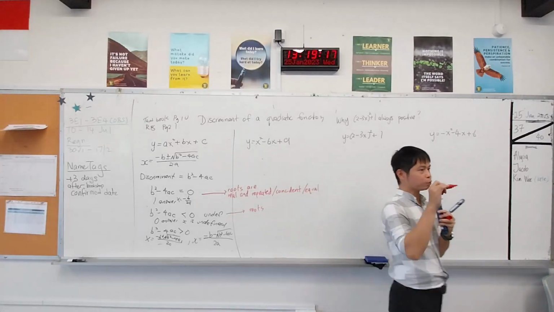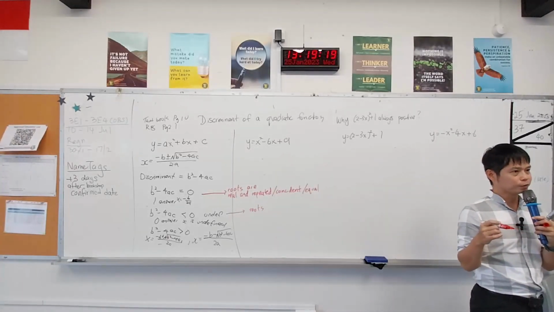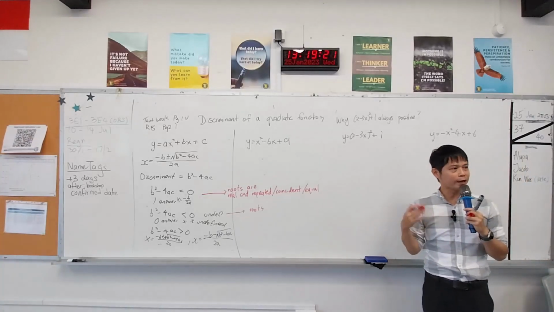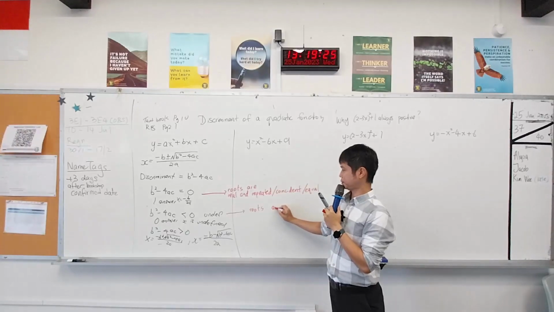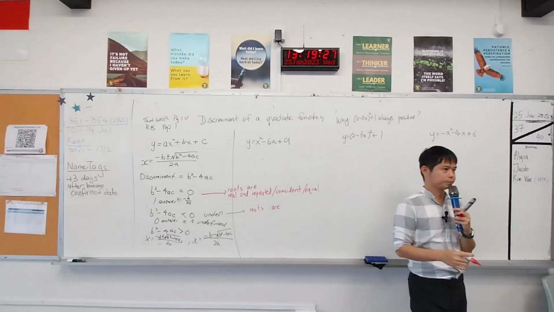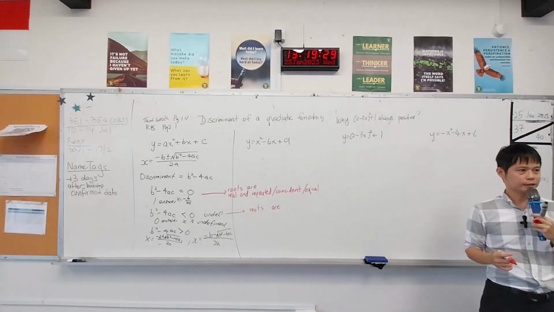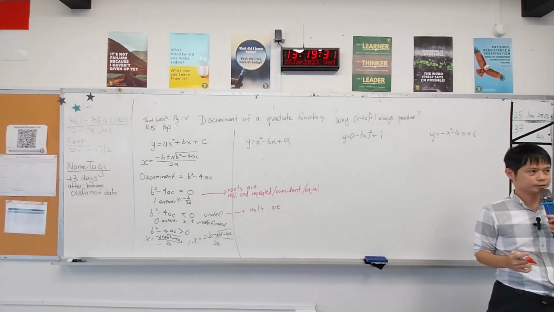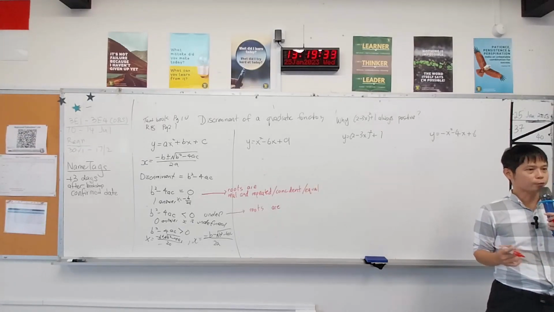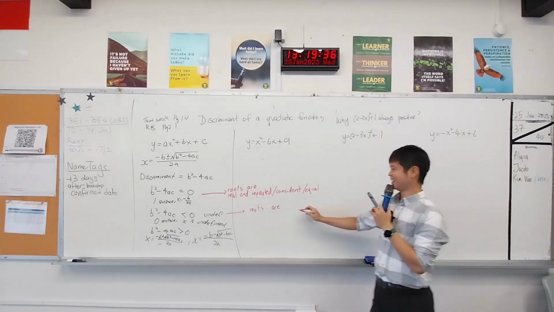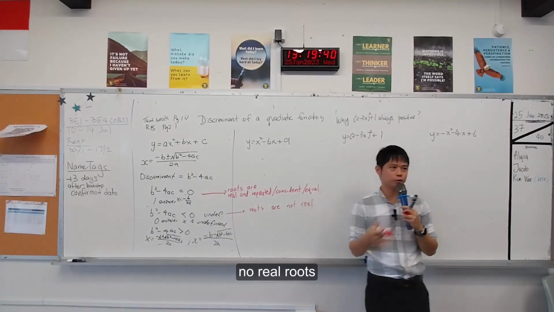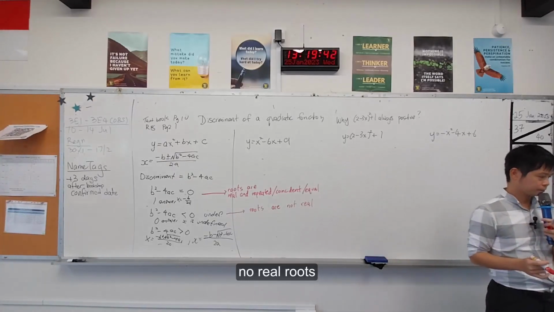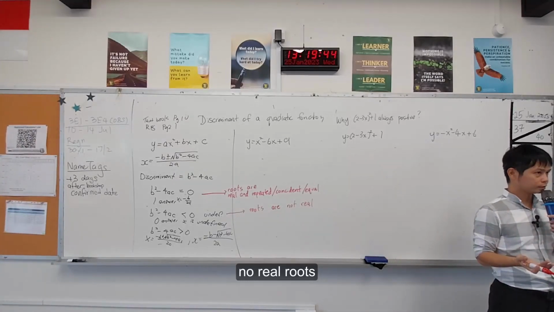Now, when b squared minus 4ac is less than 0, you get an undefined answer, right? You get error. So the roots are not real. They don't have the roots.